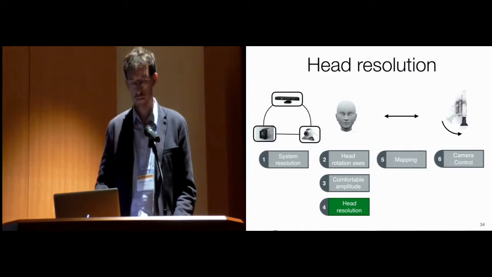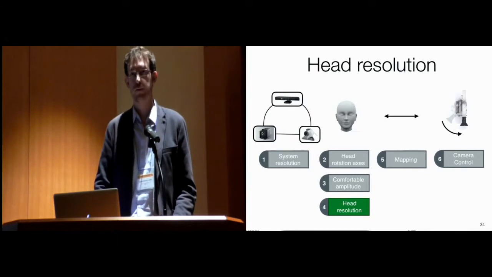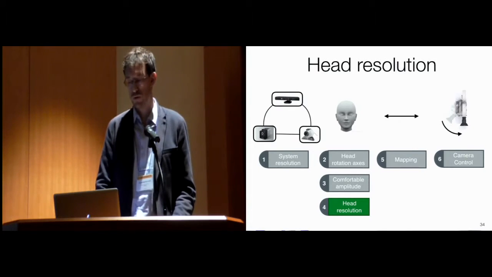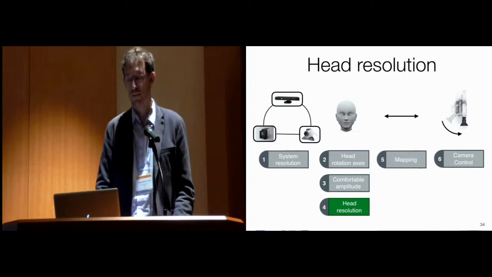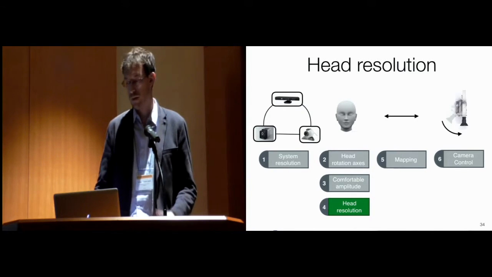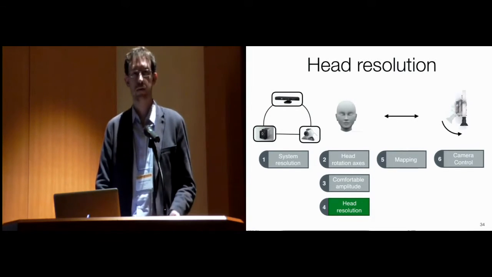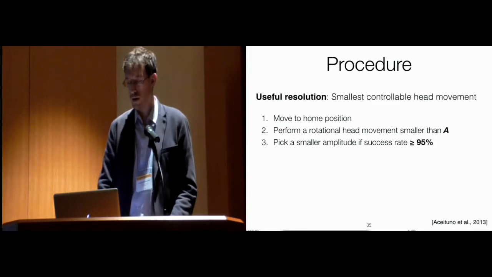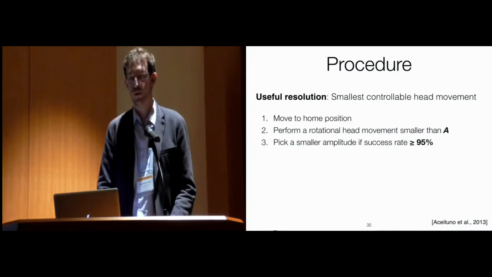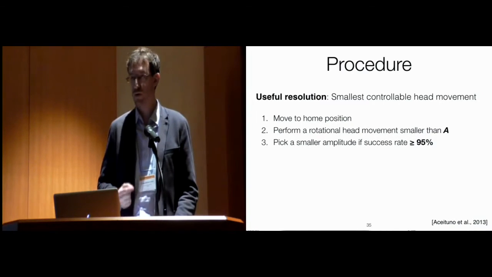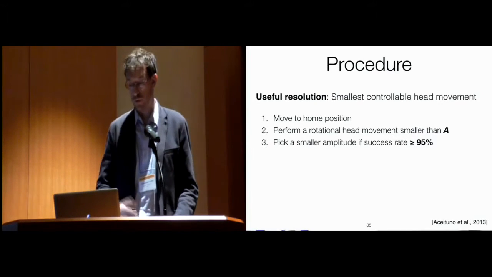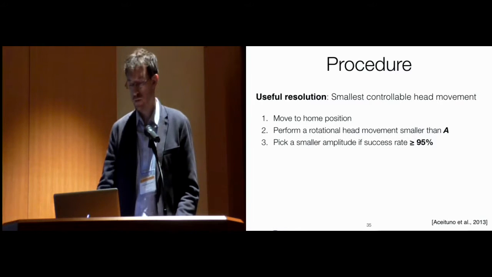So now that we have the widest amplitude that the user can perform, we were also interested to know the smallest movement that they can effectively control. In order to do that, we used a protocol which was used successfully by Aceituno et al. to measure the smallest controllable movement which could be done with a mouse. We reused it for the head. The protocol was the following.